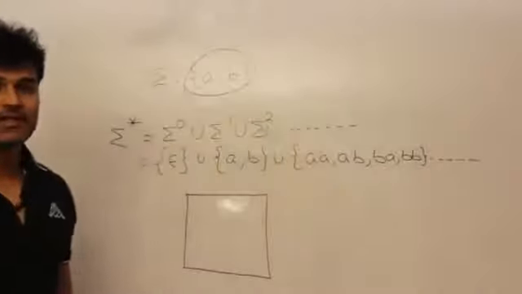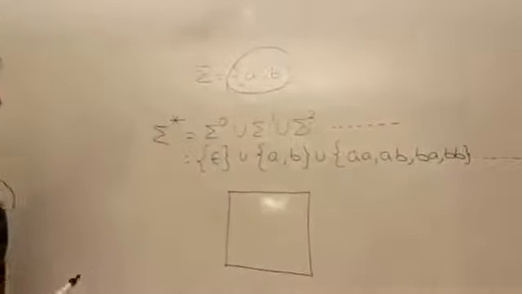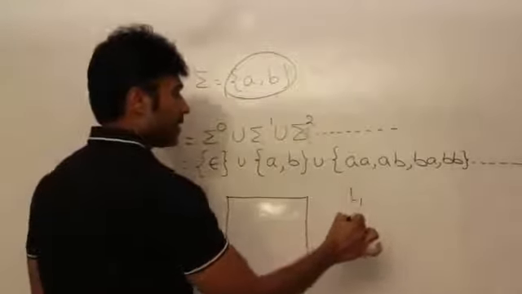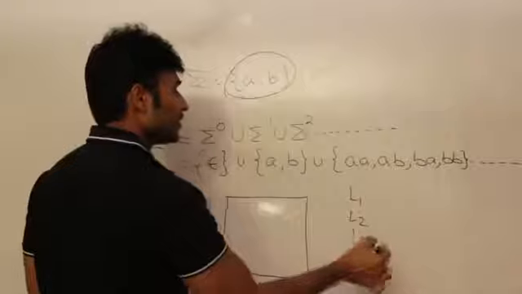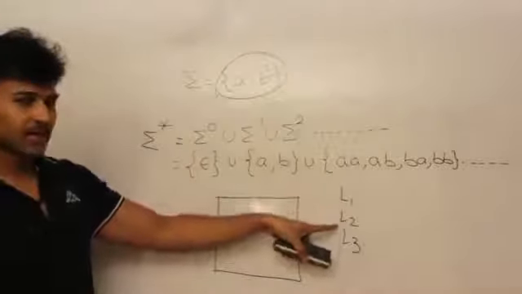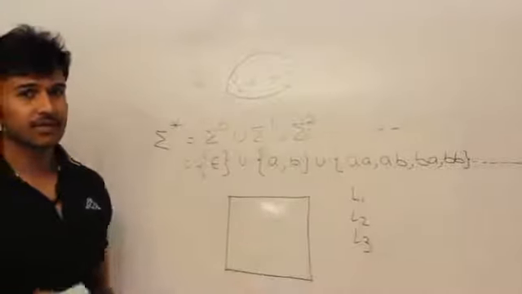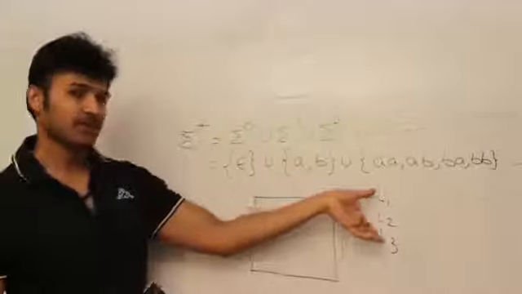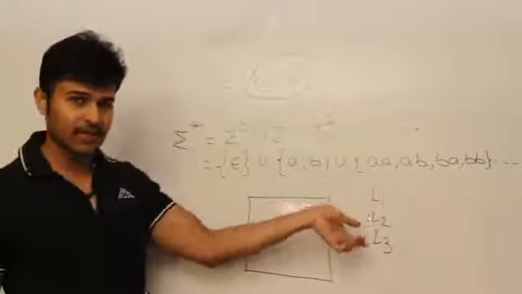Once we define sigma and sigma star, the next thing is we can define a language. We have already seen that languages L1, L2 and L3 previously are nothing but sets of strings. L1 and L2 are finite and L3 was infinite, if you can remember the previous example. So we have already seen that there are some finite languages and some infinite languages.